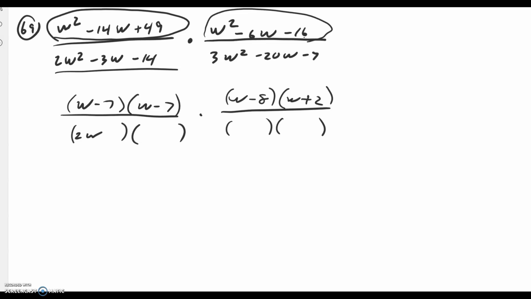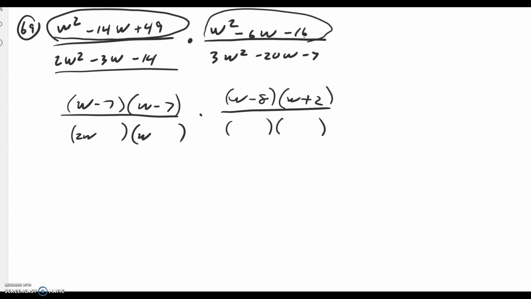We've got a 2w and a w. 7 goes into 14, so I'm going to temporarily hope that there's a matching w minus 7. But if that's true, then this would be a 2, a plus 2. And that's not going to work. So my guess did not work. I'm going to have to go with 2w and w, and I'm going to have to try things on my own.